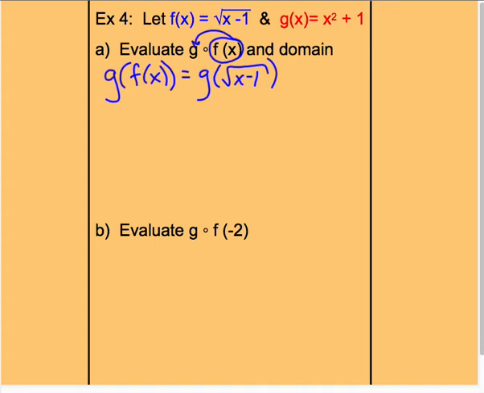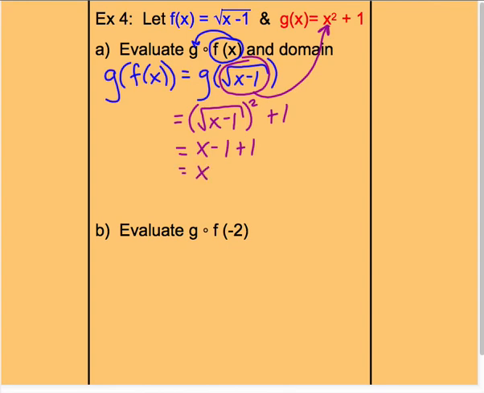And now I'm going to take that whole expression, all of the square root of x minus 1, and replace the x in the g function with that expression. So it becomes square root of x minus 1 squared plus 1. The square root and the square cancel each other out, so we get x minus 1 plus 1, which simplifies to x.